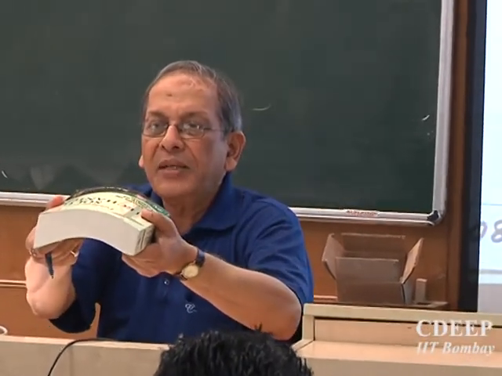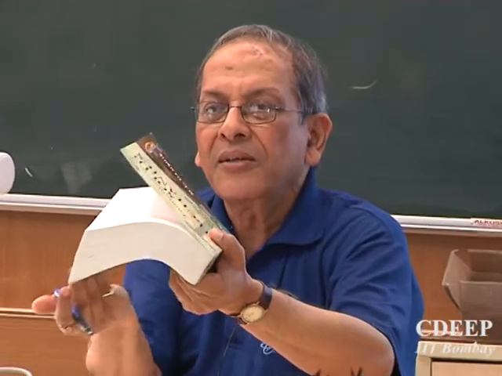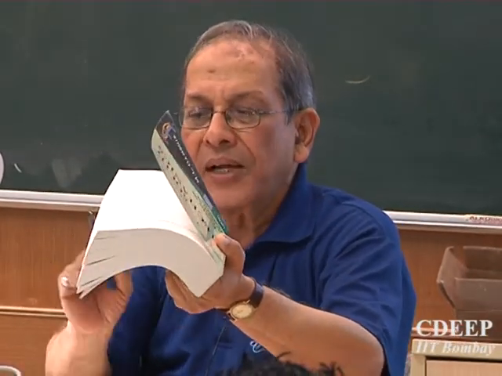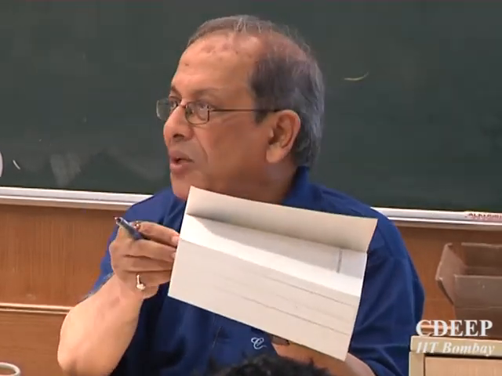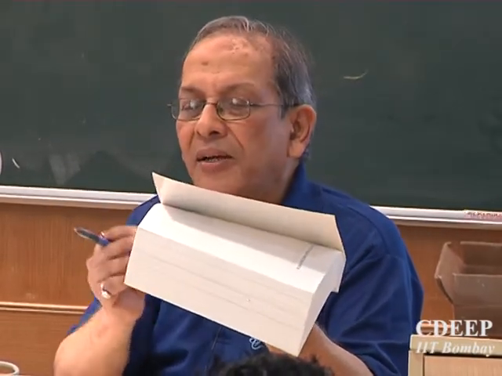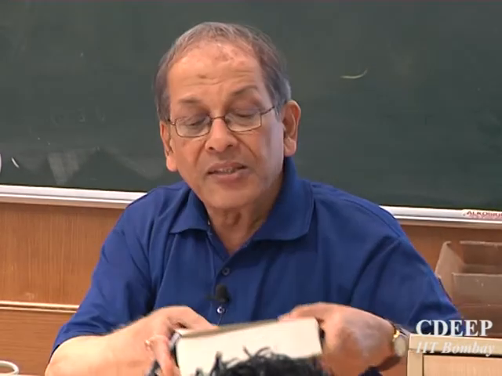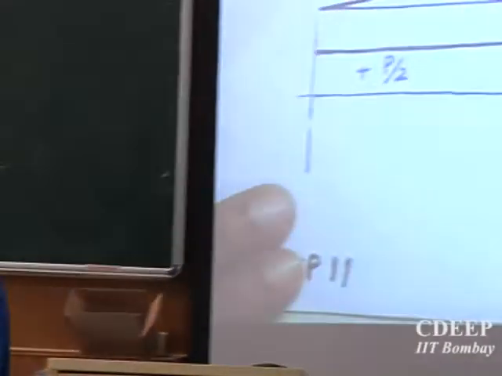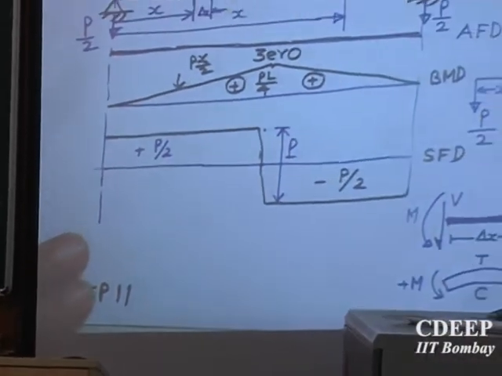The top fiber will be in tension and the bottom fiber will be in compression. So my positive bending moment produces tension at the top and compression at the bottom.